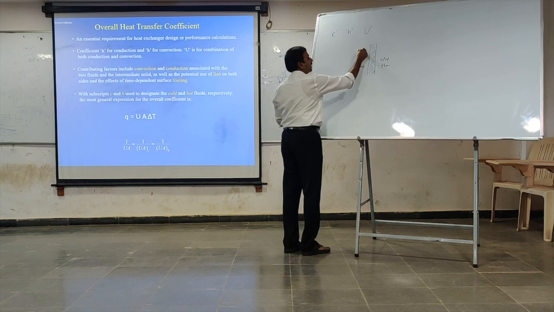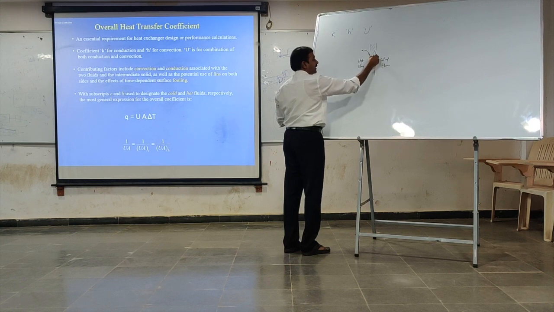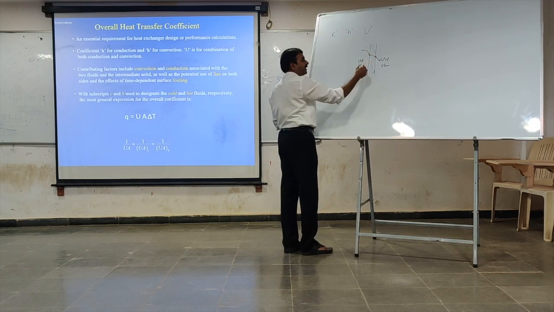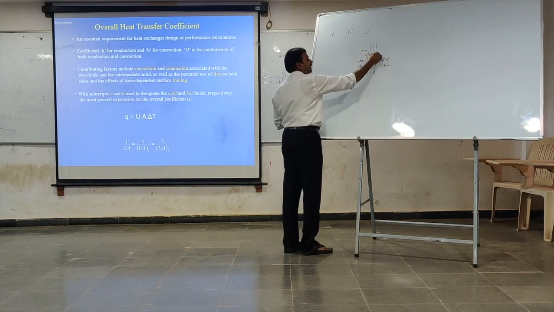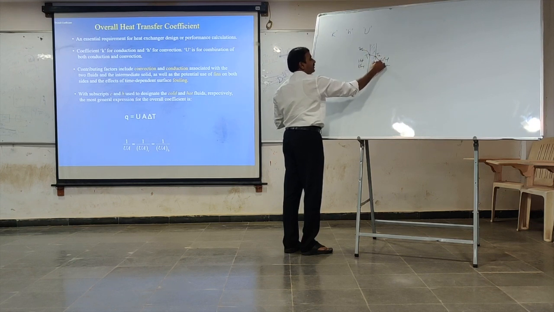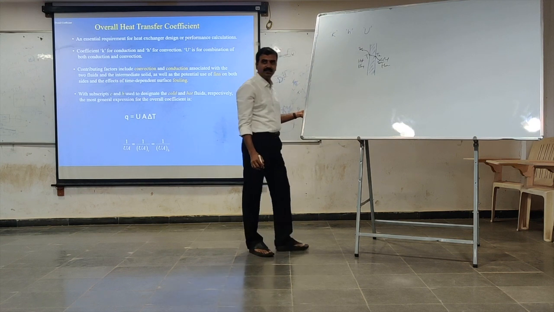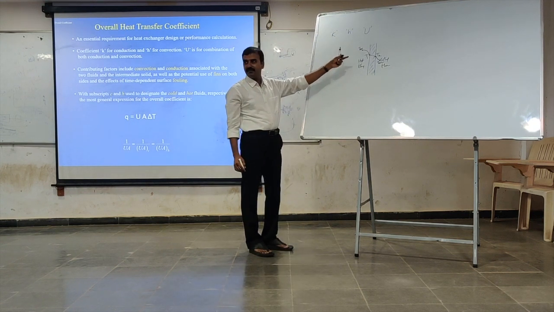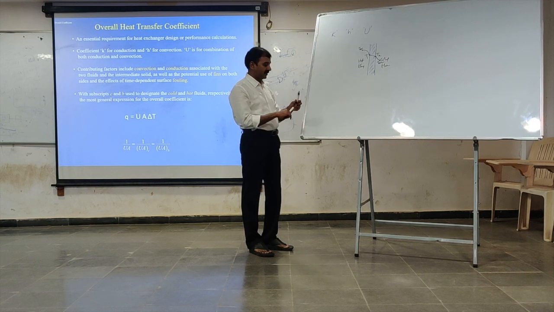There is some temperature of the hot fluid and it drops here, and then further through the conduction, and then again some temperature drop. Our standard notation is to consider this as T1, T2, T infinity 1, T infinity 2. Is our convention any different? Right, so this is what it is.